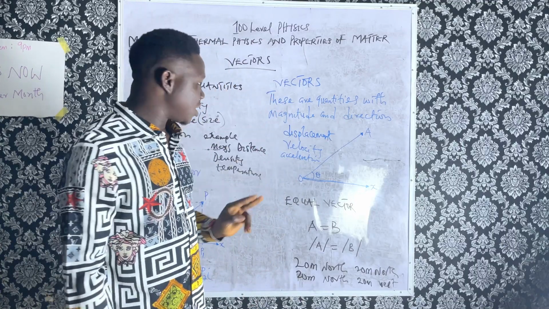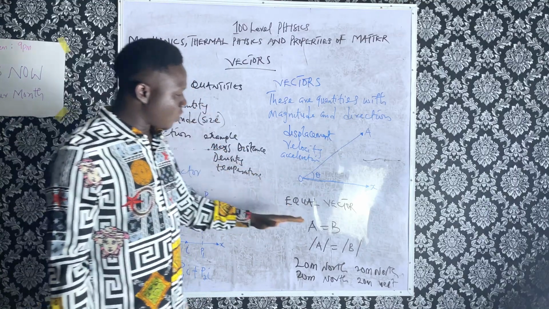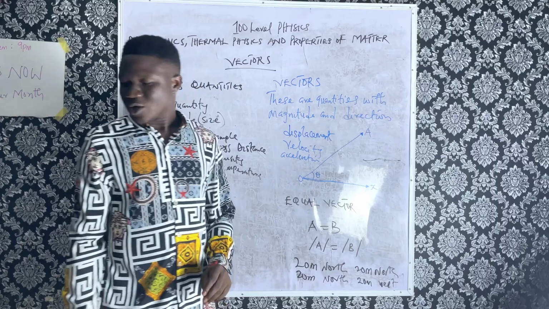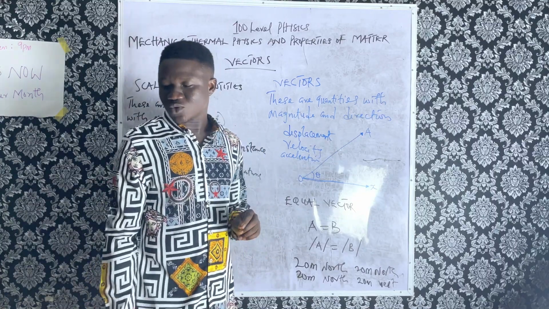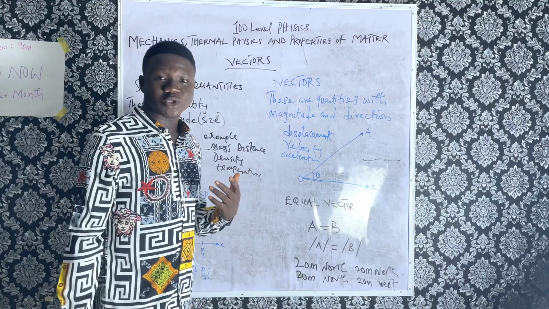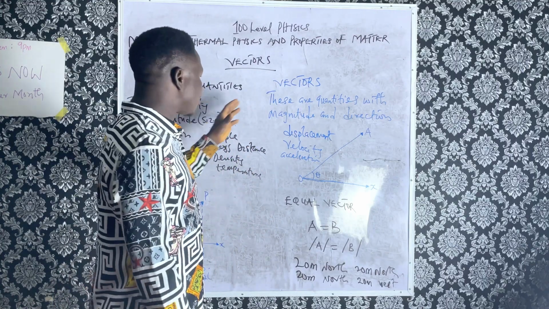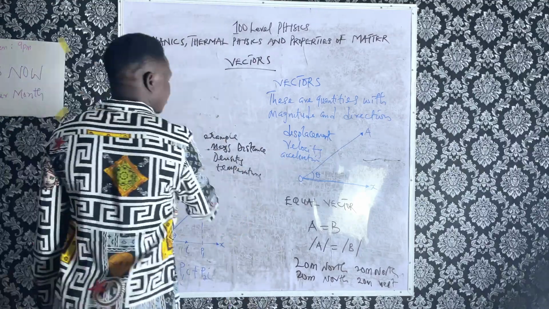Very important. This is the meaning of equal vectors. The next one we'll be going into is the resolution of vectors. I'll write up the diagram here, so let me wipe my board.